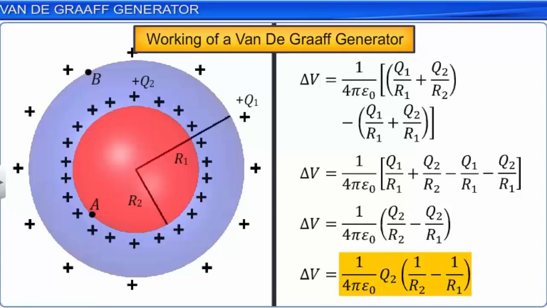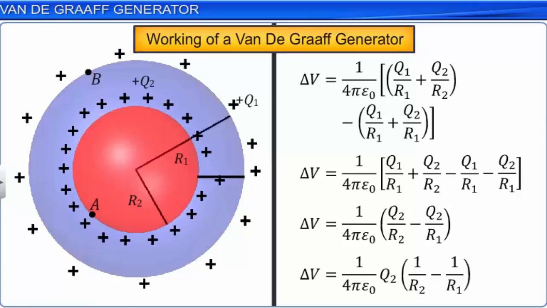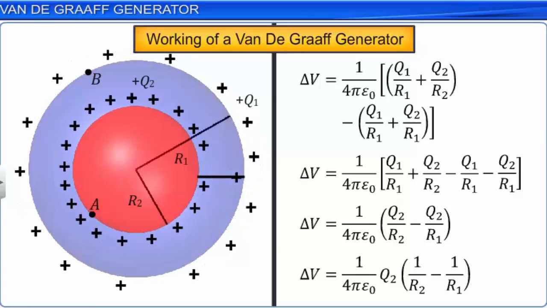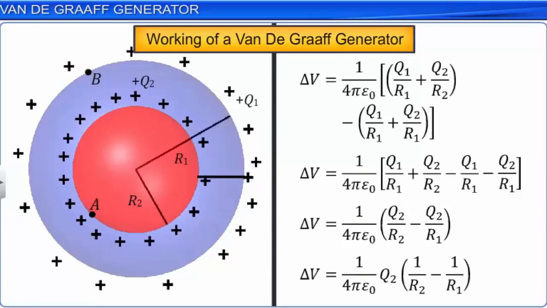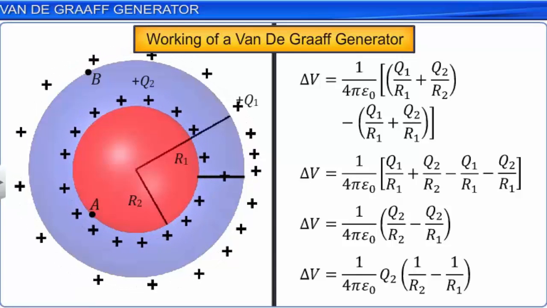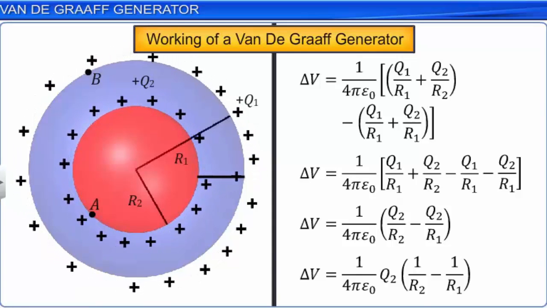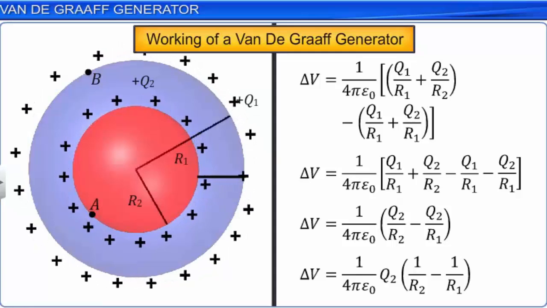If we now connect the inner sphere to the outer sphere, charge flows from the inner sphere to the outer sphere, since the inner sphere is at a greater potential as compared to the outer sphere. Therefore, we can keep on adding charge to the outer sphere by supplying charge to the inner sphere as it flows from the inner sphere to the outer sphere.